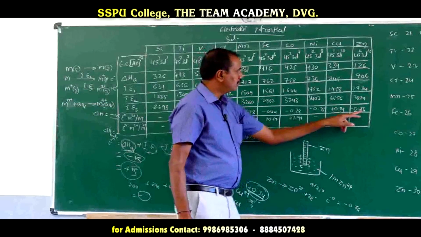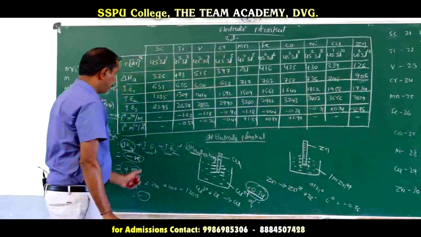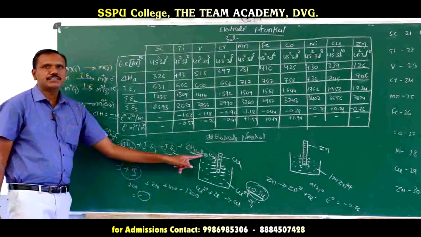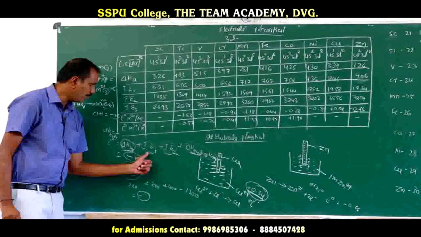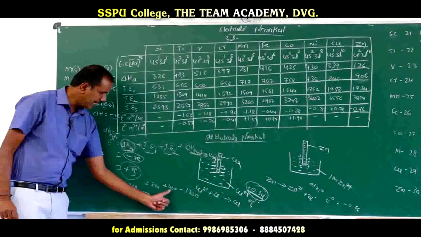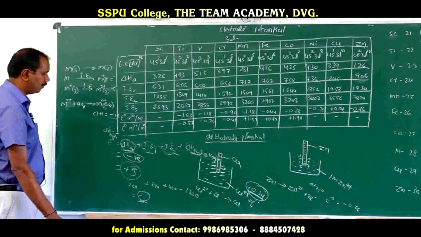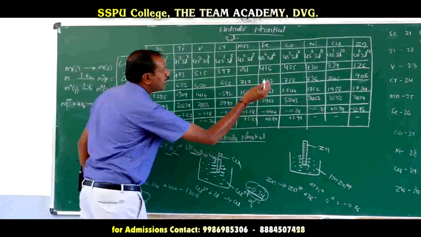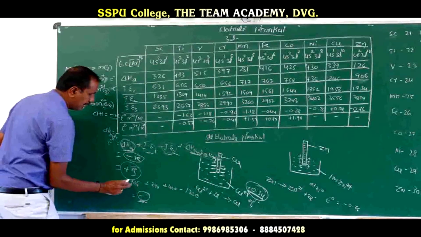The reason is that delta H of atomization is more, delta H of hydration is more negative, and moreover IE1 and IE2 values are less. If IE1 and IE2 are less, finally we get a negative value.